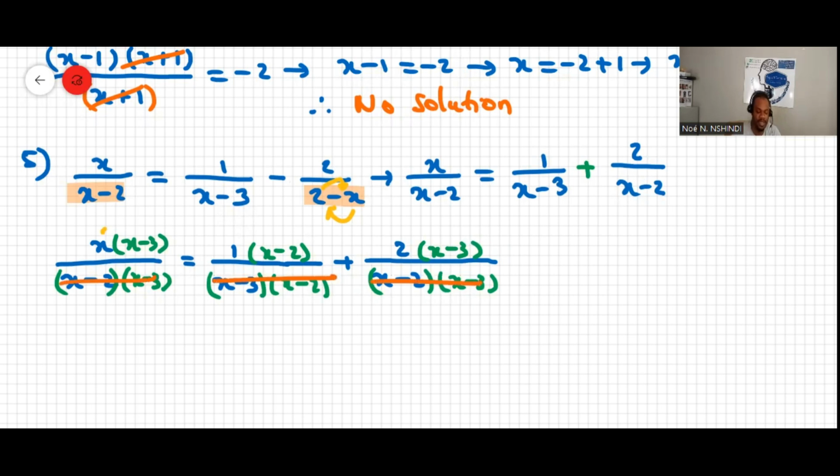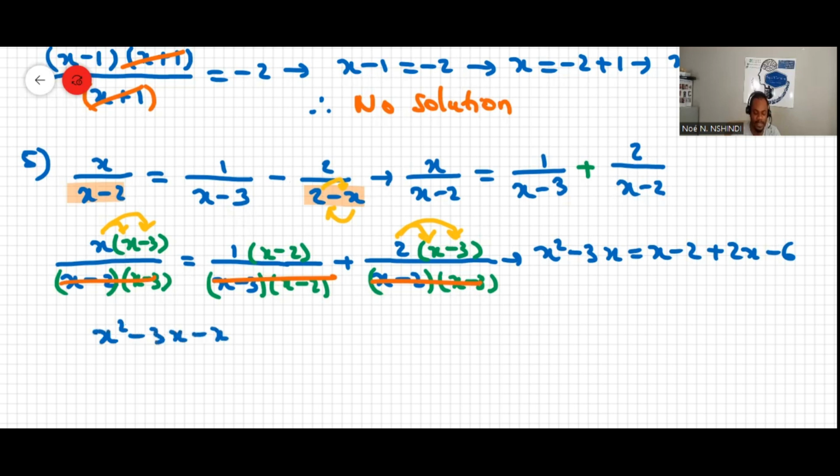So this will be x times x minus 3. There also, multiplication by 1 is just the same thing. So this will be x squared minus 3x equal to x minus 2 plus 2x minus 6. Okay, so that makes x squared minus 3x minus x plus 2 minus 2x plus 6, if I move everything to the left hand side.